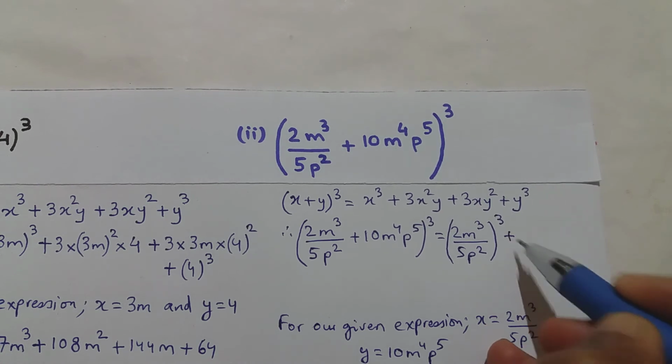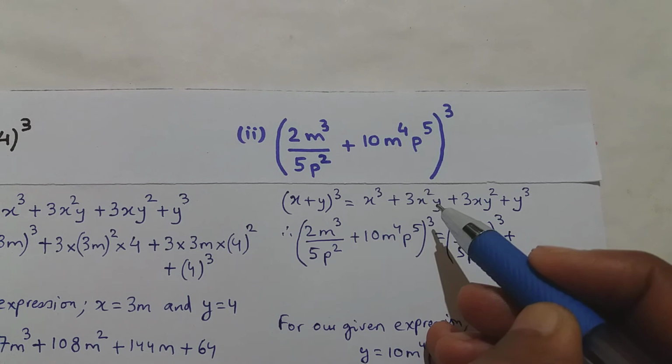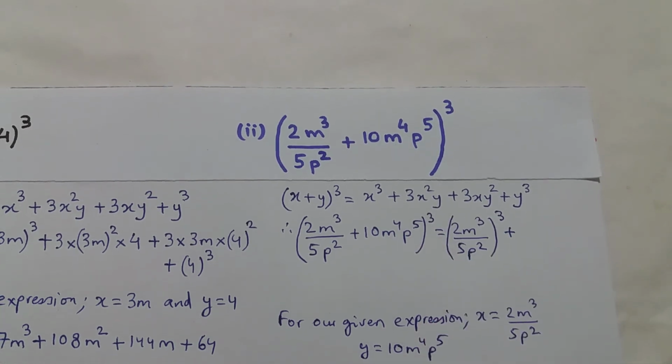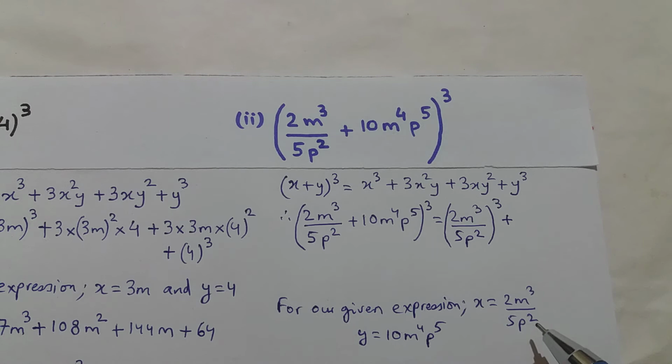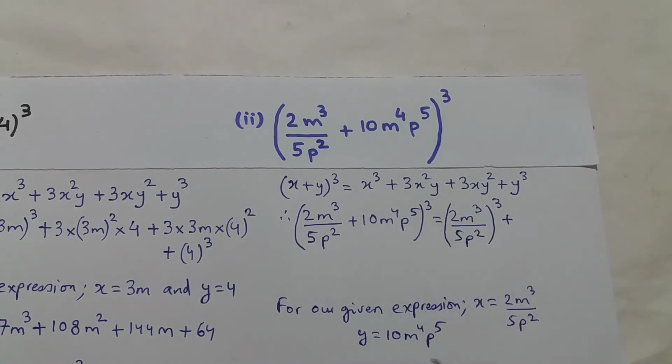So plus, now 3x square y means 3 into x square into y. For our given expression, x is 2m cube upon 5p square. So therefore x square will become (2m cube upon 5p square) whole square. And for our given expression, y is 10m to the power 4 p to the power 5.